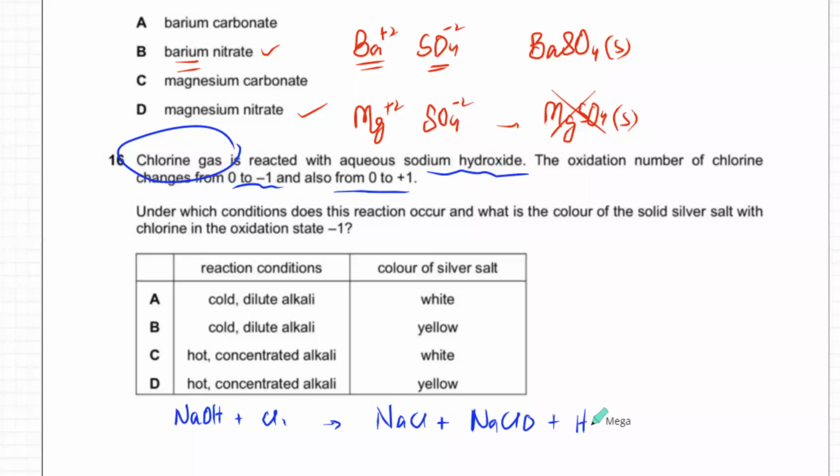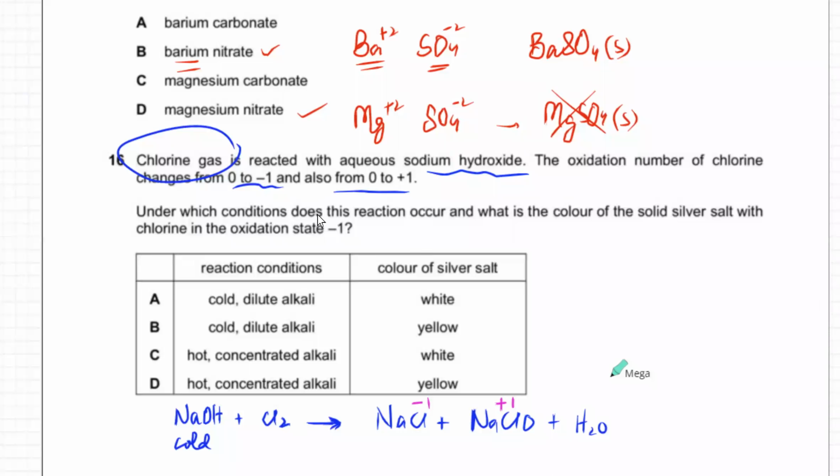Those are going to be your products, but that's with cold NaOH. The oxidation state of Cl in NaCl is -1. In NaClO, Cl is +1. If you calculate this, Na is +1, O is -2, so Cl would be +1.